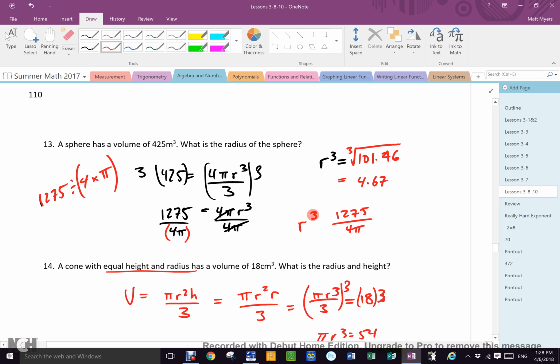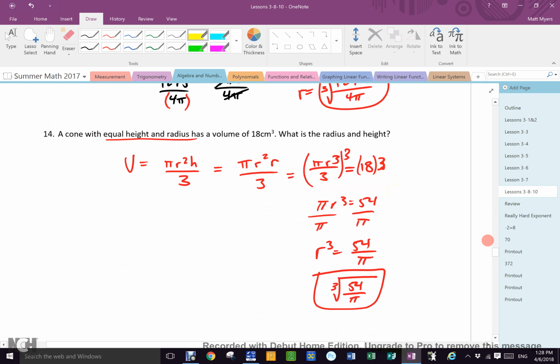You know you got to cube root that, so all you do is write cube root of that, and you leave that as your answer. Does everybody understand? Now, for my purposes in my class in grade 10, I'm perfectly happy to accept that. Because if you get to 4.67, you understand the algebra. Everybody cool? All right.